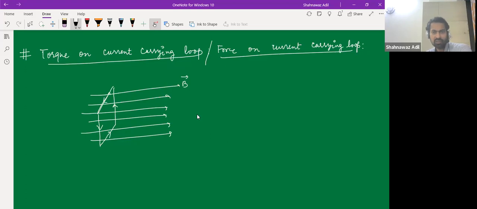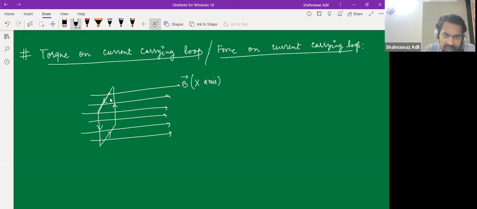So the direction of magnetic field is along the X-axis, and this loop is in which plane? The XY plane?